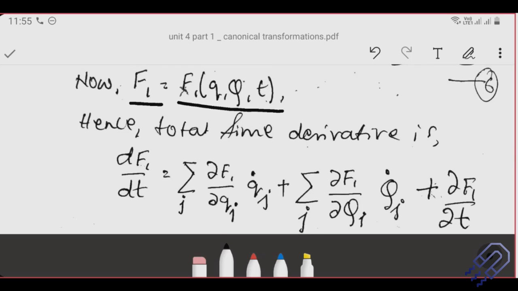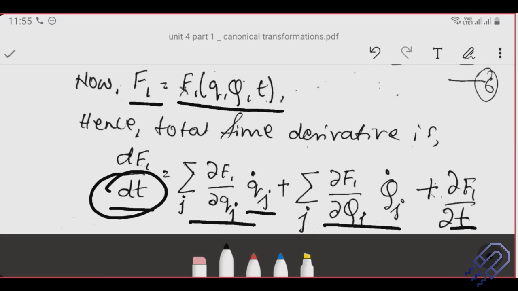If you want to find the total derivative, you can simply take each of these variables. I think this is something which you already know from your maths knowledge. First is with respect to small q, so del f1 del qj times qj dot, because this side we have with respect to time, plus summation j del f1 del capital Qj into capital Qj dot, plus del f1 del t.